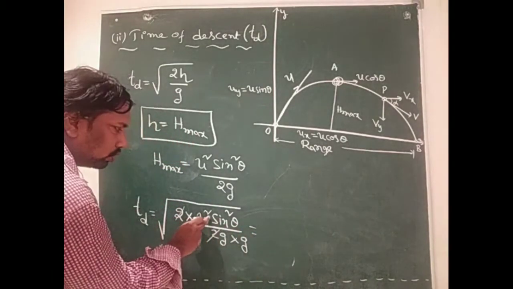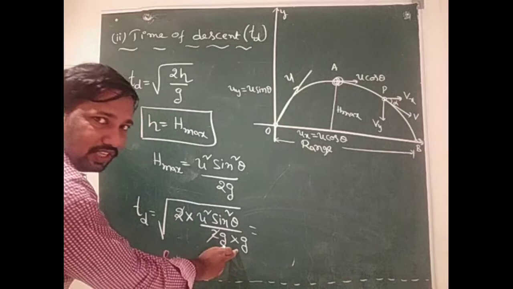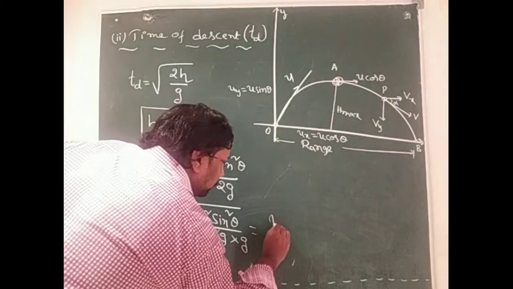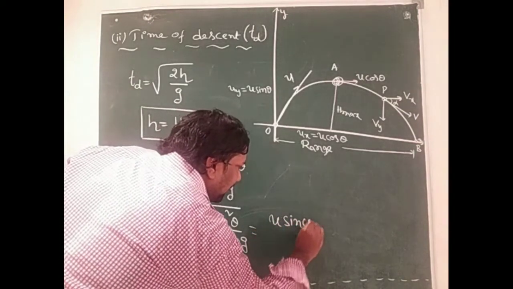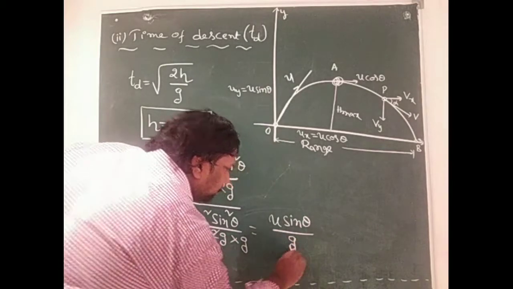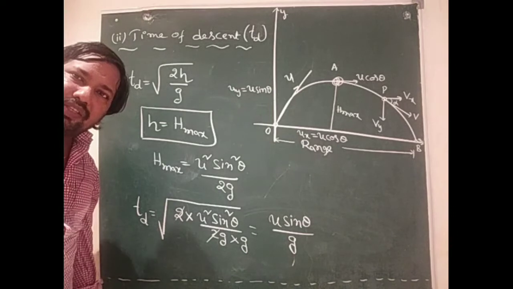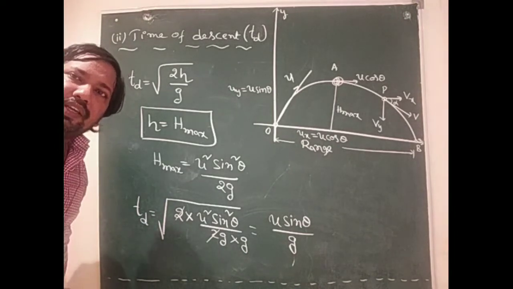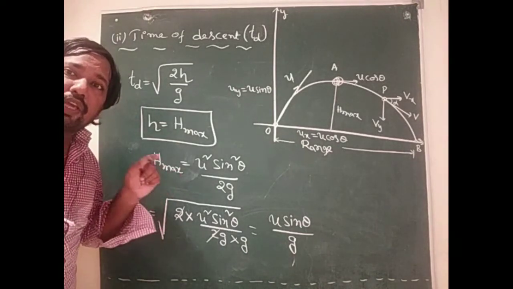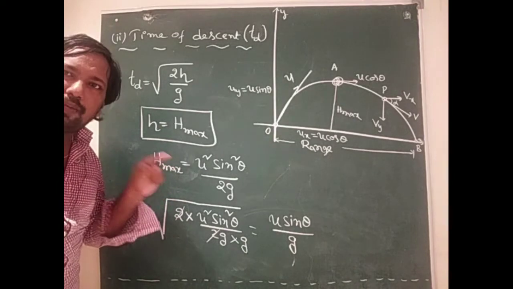So that means u square sin square theta by g square. So u sin theta by g. So this is the expression for time of descent in the case of oblique projectile motion.